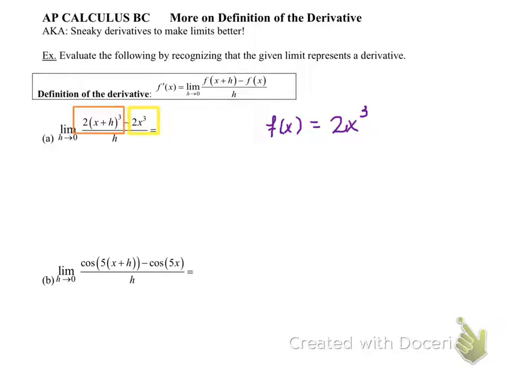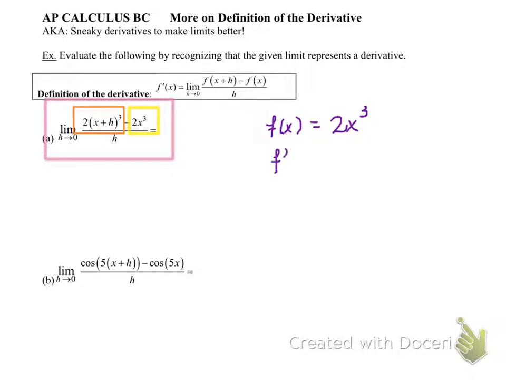And what we have in front of us is the definition of the derivative. That right there is the definition of the derivative. What are we taking the derivative of? We're taking the derivative of 2x cubed. So what would the derivative be?